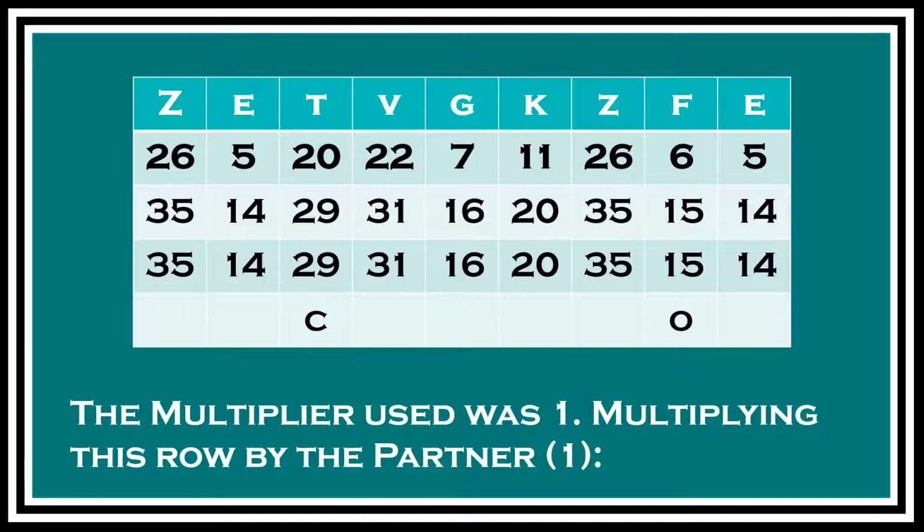So the next thing to do would be to multiply by the partner, which we know to be 1, to get the third row of numbers. So the partner we got from the multiplier partner table previously, and to get the third row we multiplied the second row by 1, which obviously didn't change anything, as multiplying by 1 never changes anything.